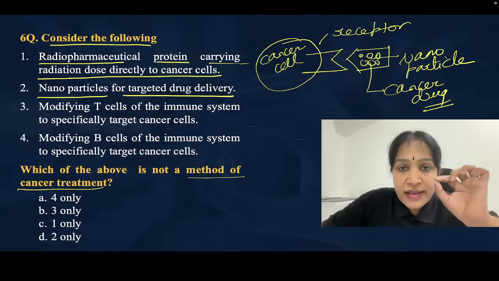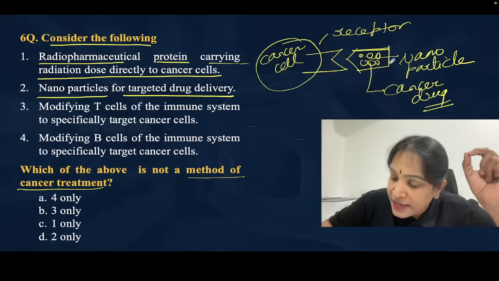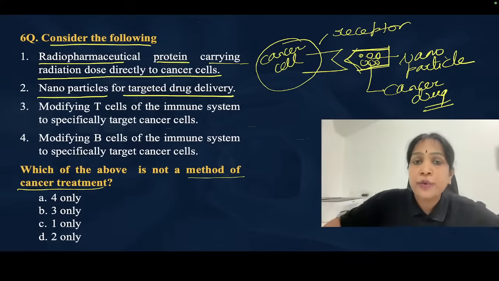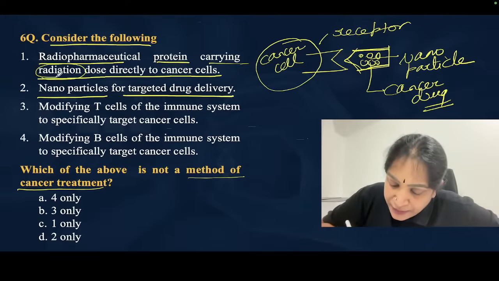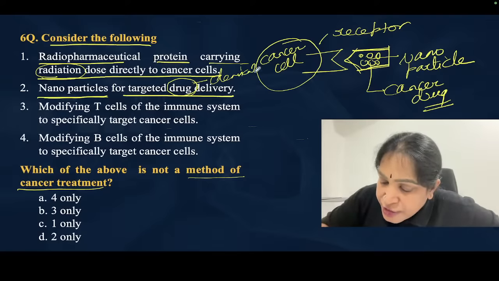Targeted drug delivery, where the nanoparticles are delivering the drug directly to the cancer, similar to that mini protein. Mini protein will carry the radiation. Nanoparticles can carry the chemical drug.